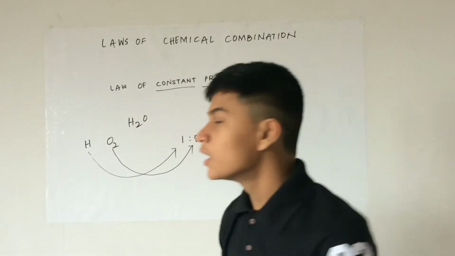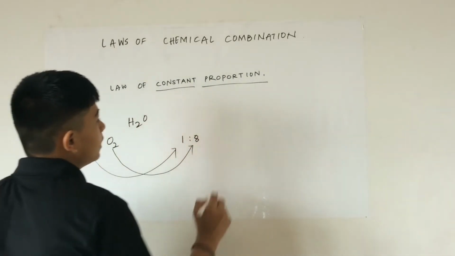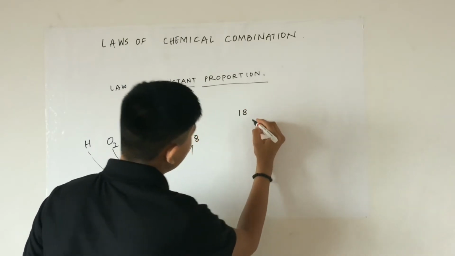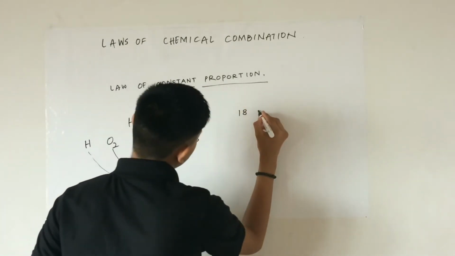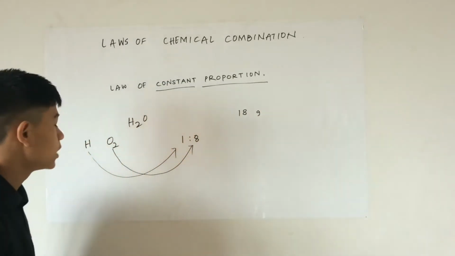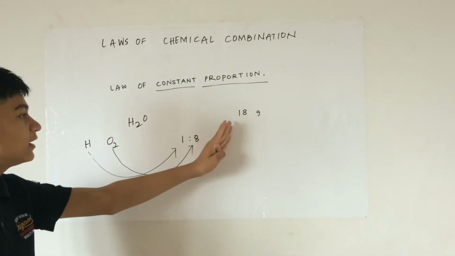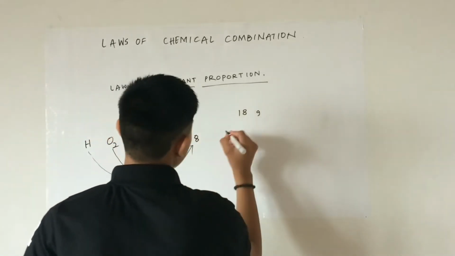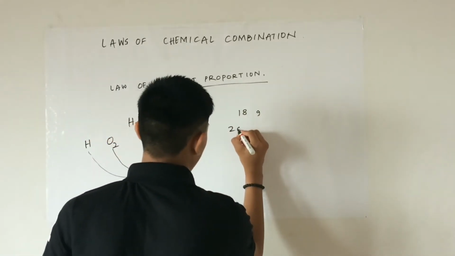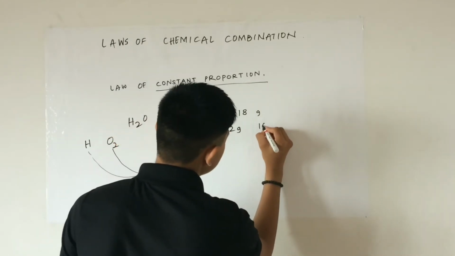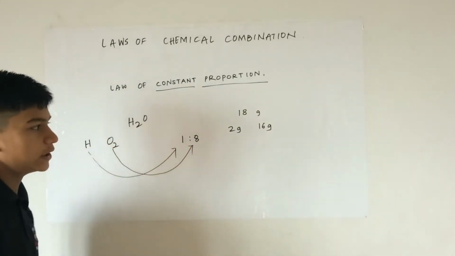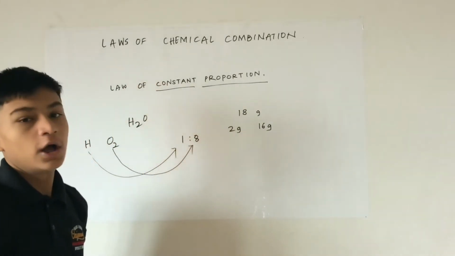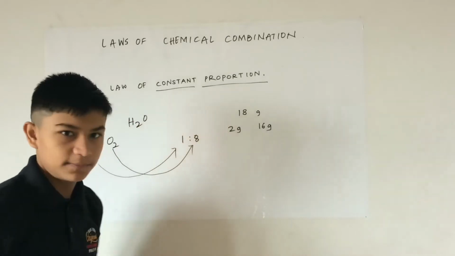If I have 9 grams, or I can take 18 grams of water, how much hydrogen and how much oxygen will I find in it? It's very simple. I will have 2 grams of hydrogen and 16 grams of oxygen, because the ratio is constant.